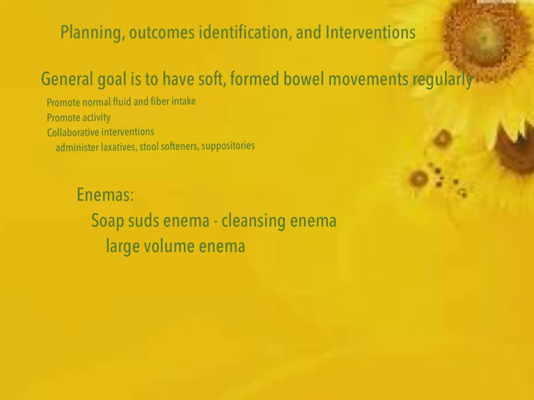The purpose of a large volume enema is to instill maybe 1,000 to 1,500 mLs of liquid. You're going to distend the bowel, which irritates it enough, and you're also going to soften that stool to an extent. You're going to add water to the colon, and the stool may absorb some of that water, which will soften it. And you're also going to distend the colon to the point where it's going to stimulate some peristalsis.